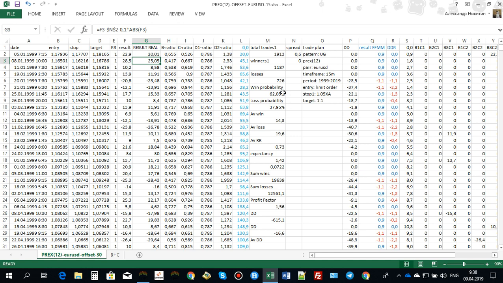What this leads to is this. It doesn't affect any probabilities, but it affects the overall risk-reward ratio, 0.73, and instead of the 0.20 expectancy that we had yesterday, we have a lower expectancy, 0.07. But guys, considering spread and considering the offset, this is a pretty good situation.